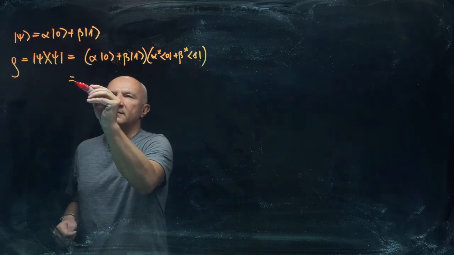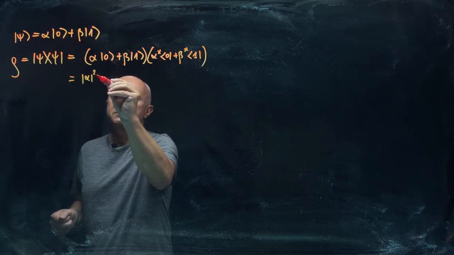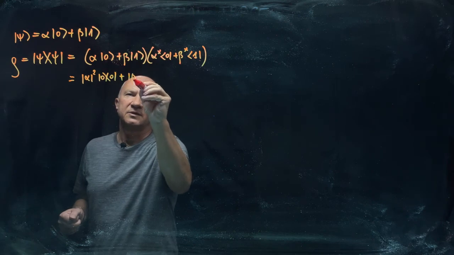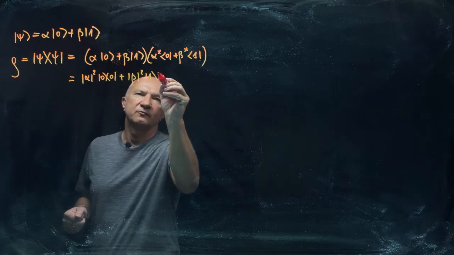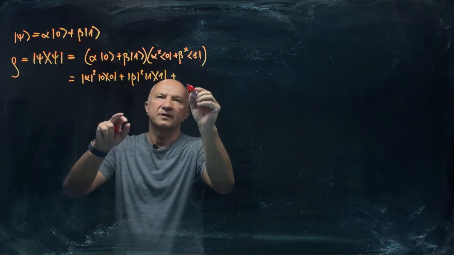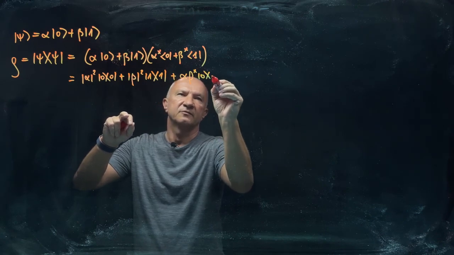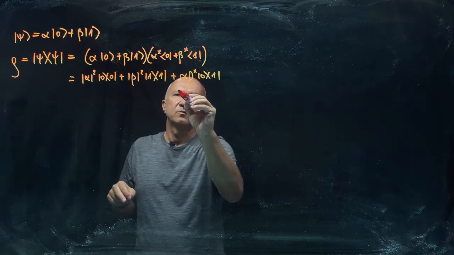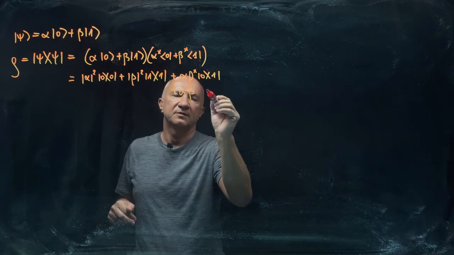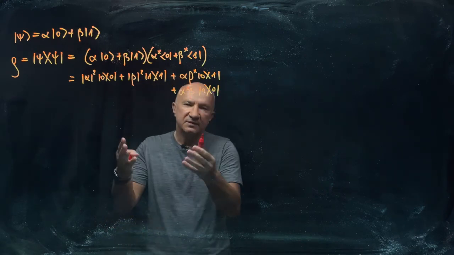So then you can see that this is equal to alpha mod squared projector on 0 plus beta mod squared projector on 1 plus then we have alpha beta complex conjugate 0 1 plus complex conjugate of that, so it will be alpha star beta 1 0. Okay, so that's our density operator.